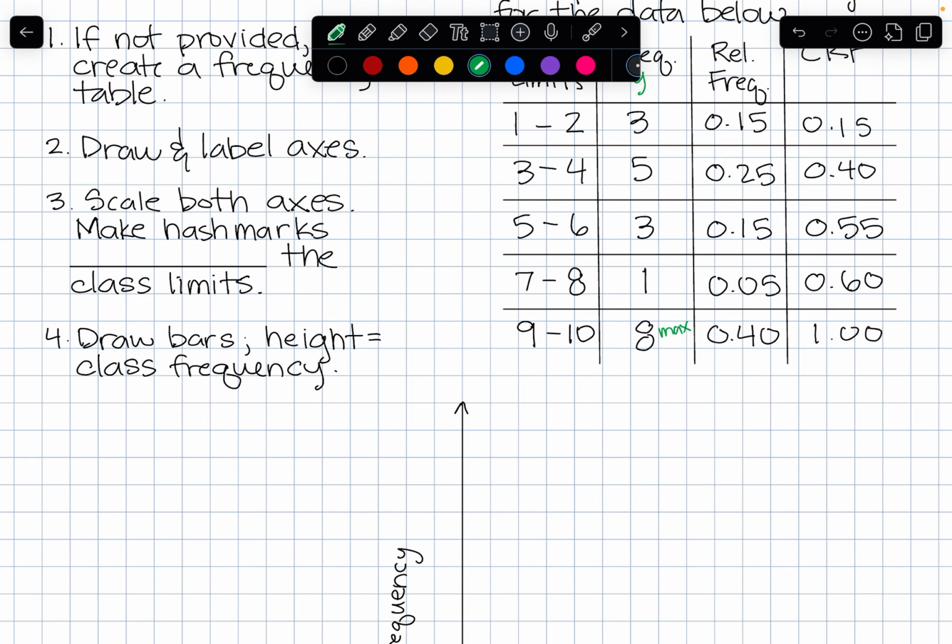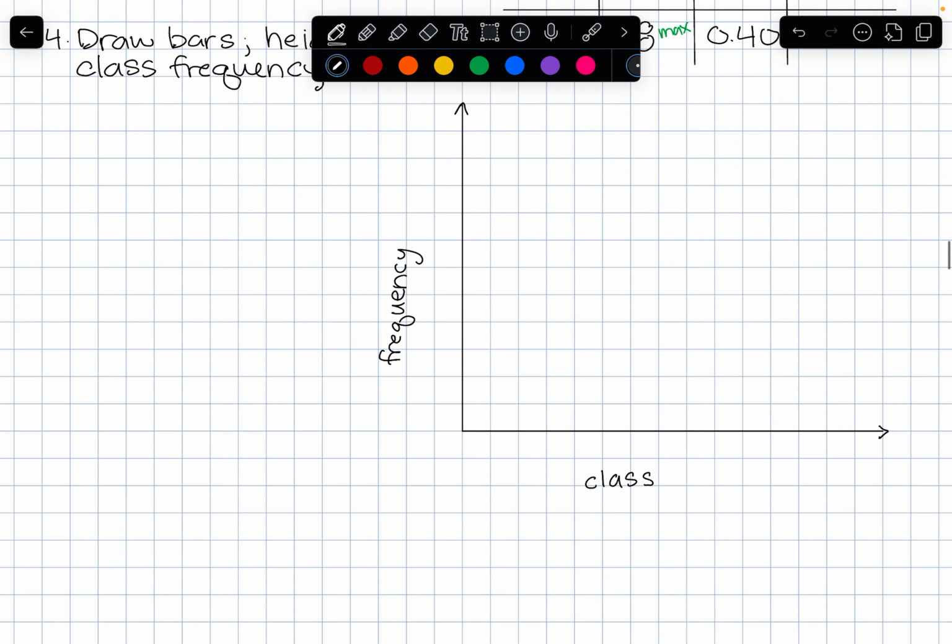On the x-axis, the hash marks should be between the class limits. And these are called the class boundaries.